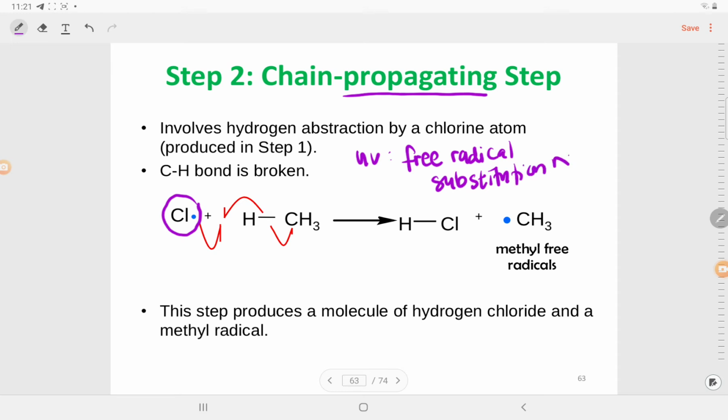Substitution reaction means you must substitute one hydrogen atom and replace it with a chlorine atom. The bond cleavage must occur in the organic compound, the alkane.